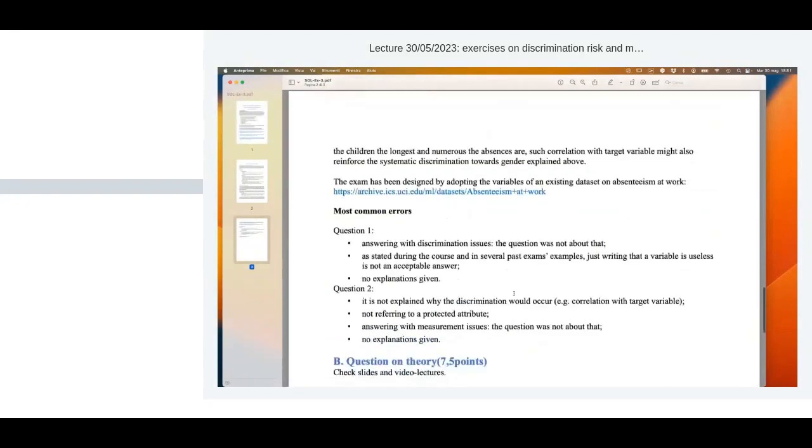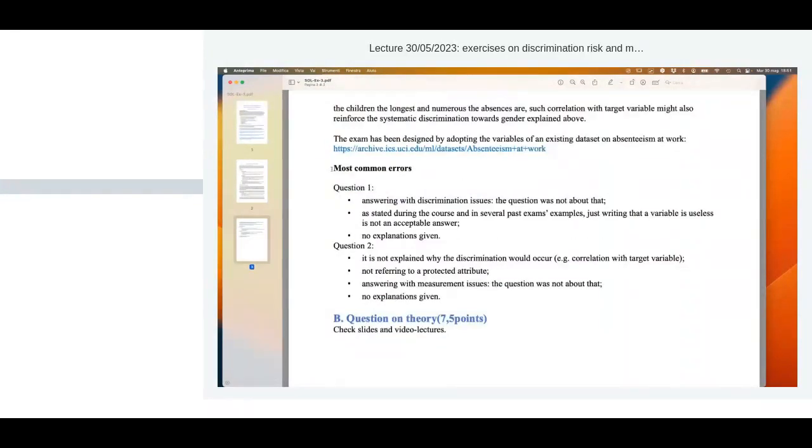I think I said everything. Let's maybe check the most common errors. This was also something that was commented earlier, saying as a measurement issue, this variable is meaningless. So there were some answers saying there is no rationale of tracking weight or age. It doesn't matter. I asked you about measurement issues.